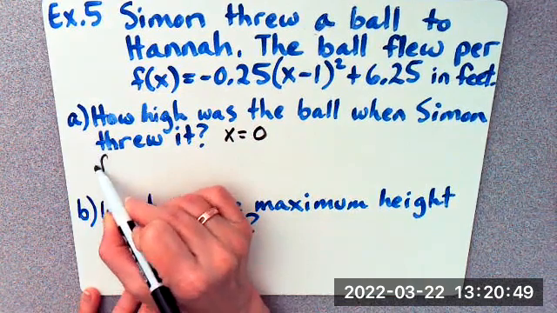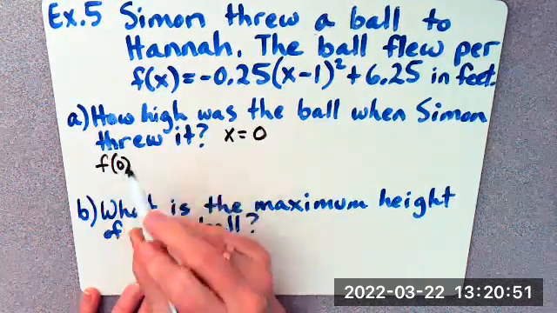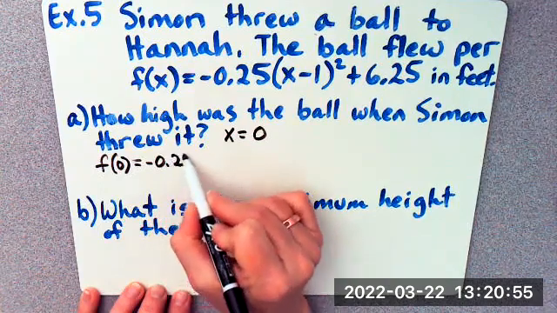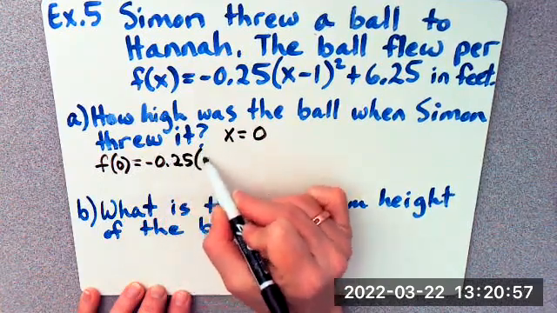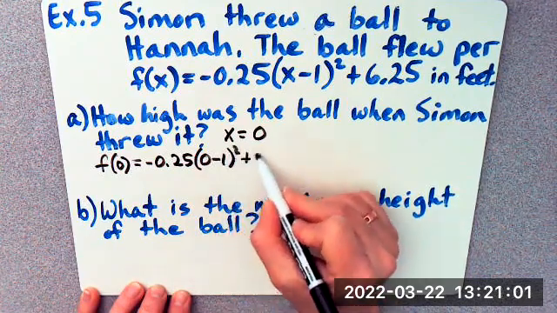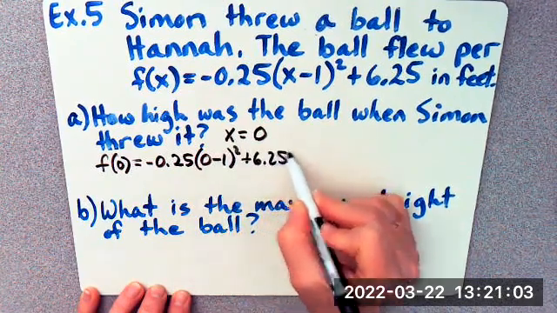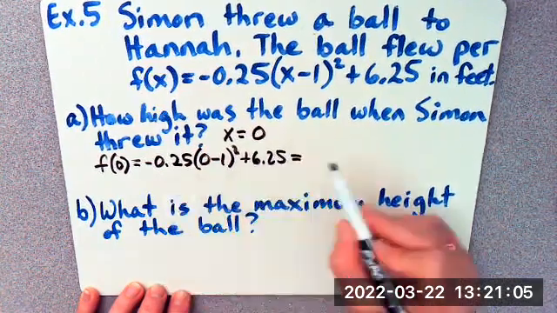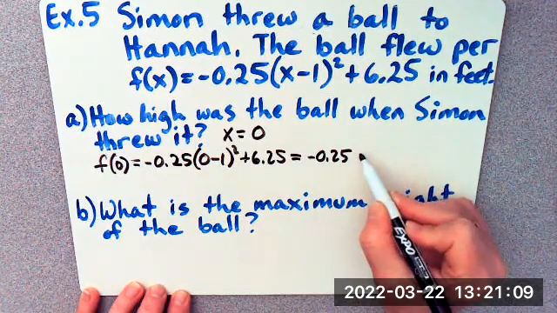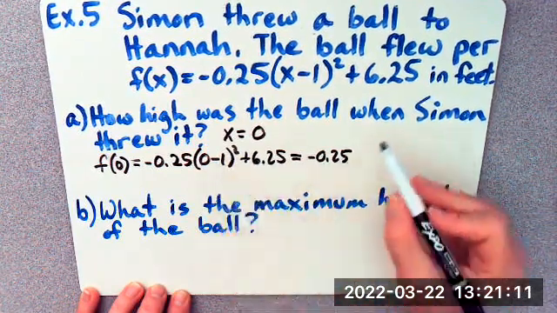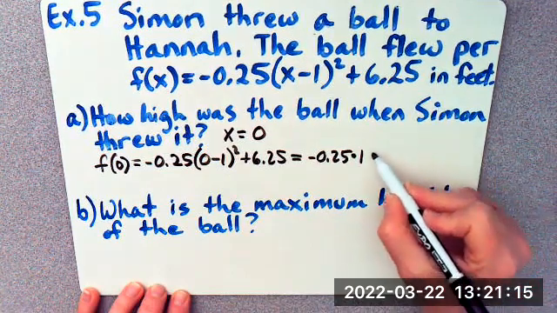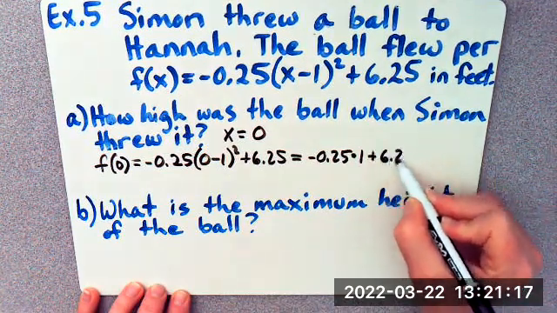So we're going to do f of 0 equals negative 0.25 times 0 minus 1 squared plus 6.25. So this becomes negative 0.25 times, and this is just negative 1 squared, which is 1, plus 6.25.